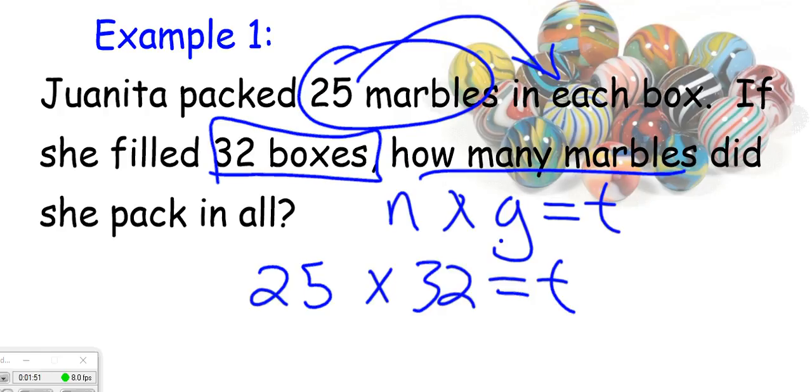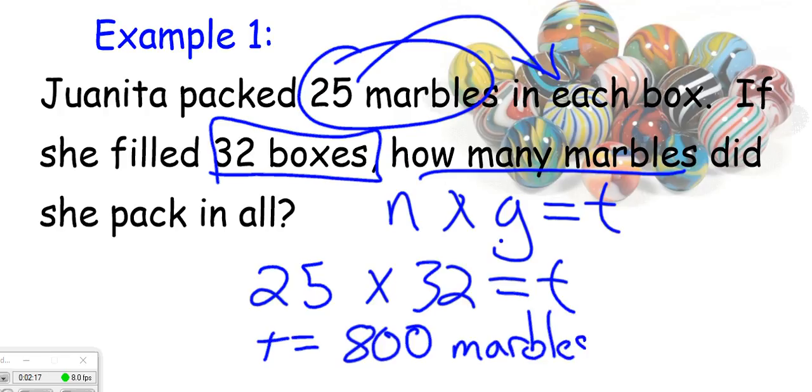And so we set up our equation. Since we already have our variable alone, we can go ahead and solve. We're going to take 25 and multiply by 32, and we're going to get an answer of 800. And so we would say that t equals 800, and then we can throw our label on there, always important: marbles.